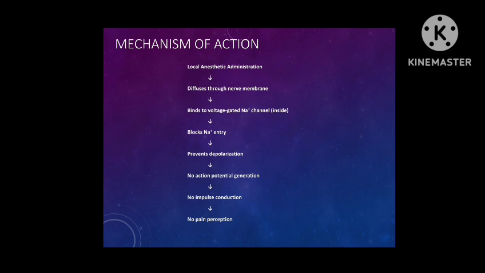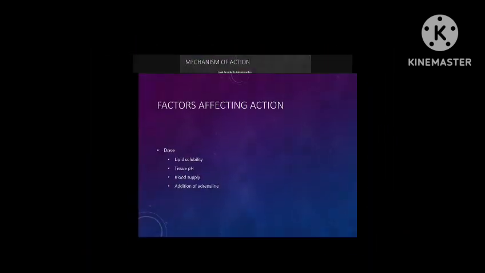Because sodium cannot enter the cell, depolarization does not occur. If there is no depolarization, an action potential cannot be generated. If there is no action potential, nerve impulse conduction stops. And finally, if the impulse does not reach the brain, the pain is not perceived. So local anesthetics block sodium channels and prevent pain transmission.